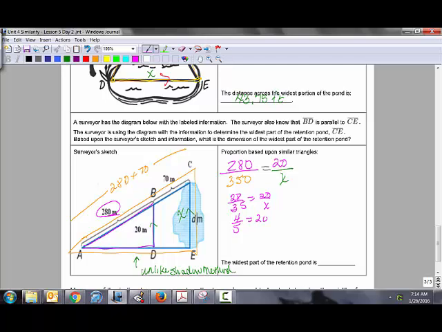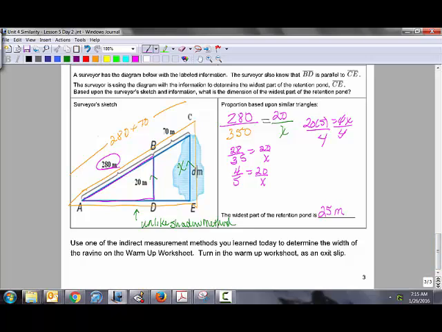So now I've reduced this proportion down to something that I could do even without a calculator. I'm still going to use the product of the means equals the product of the extremes. That means the widest part of the retention pond is 25 meters. Again, we have to have the units because we're using similar triangles for indirect measurement.